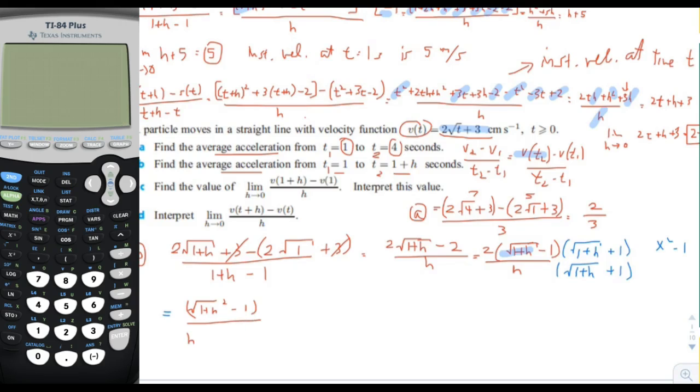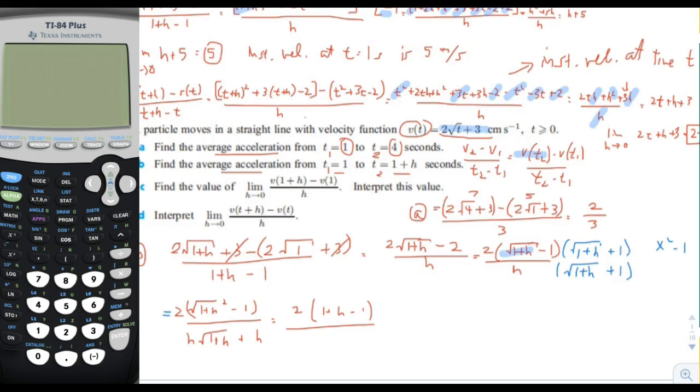And then on the bottom, we just get kind of a big mess here. We get h times square root of 1 plus h, and then on the top, don't forget we have the 2 there still. Okay, so now let's simplify that. We have 2 times 1 plus h, because square root of 1 plus h, quantity squared is just 1 plus h, right? Minus 1.